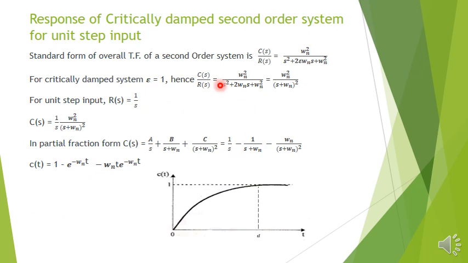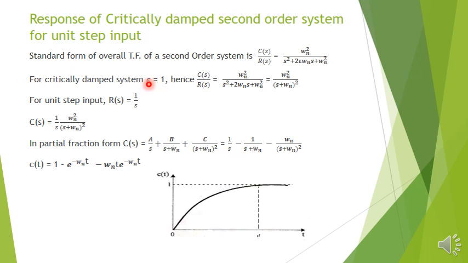Now next we will concentrate on response of critically damped second order system for unit step input. In the similar fashion, standard form of the overall transfer function of a second order system is C of s by R of s equal to omega n square divided by s square plus 2 zeta omega n s plus omega n square. Now for critically damped, roots are real and repeated, for zeta equal to 1.